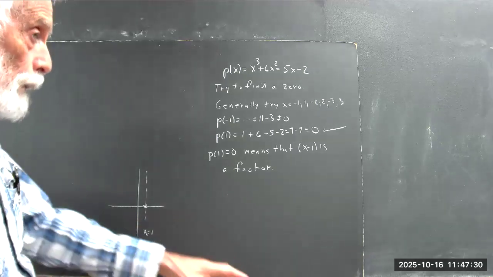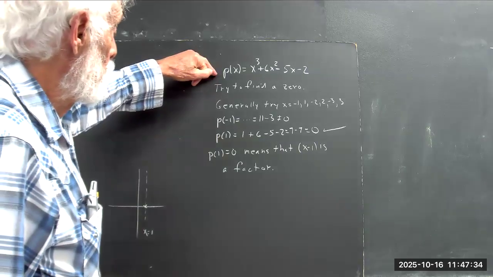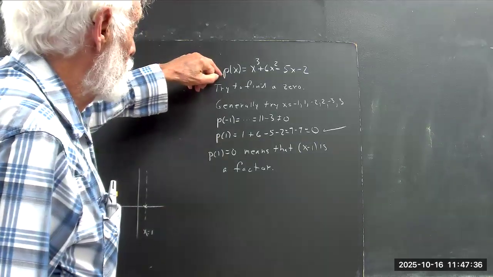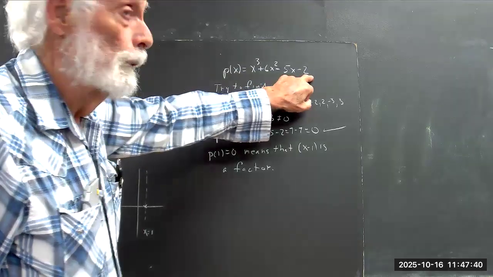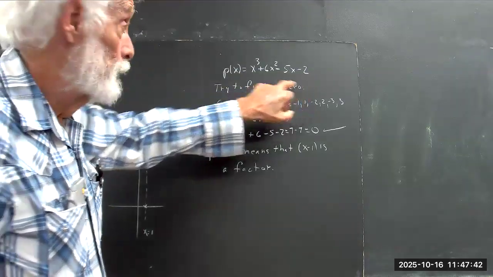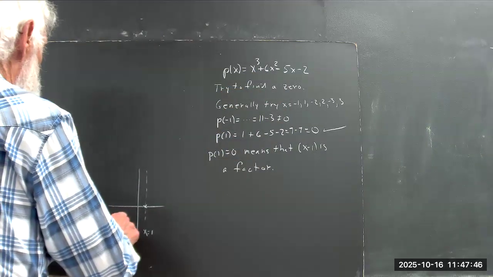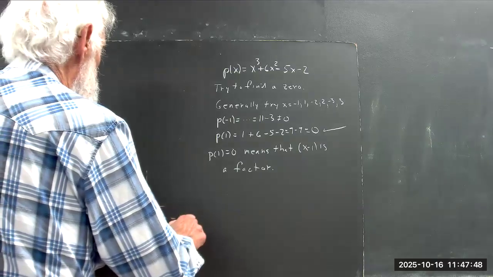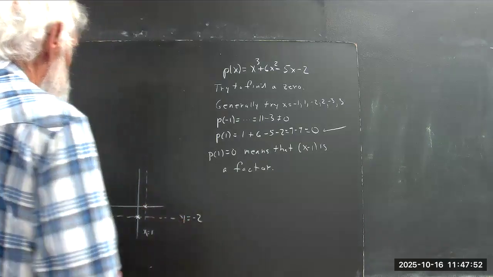And while we're at it, if x equals 0, it's pretty clear that we're going to end up with -2, because all the rest of these terms are going to be 0. So we know that at y equals -2, we have the y-intercept.